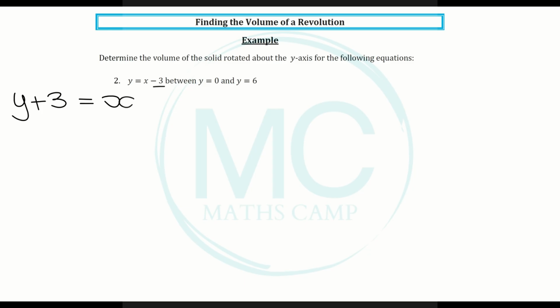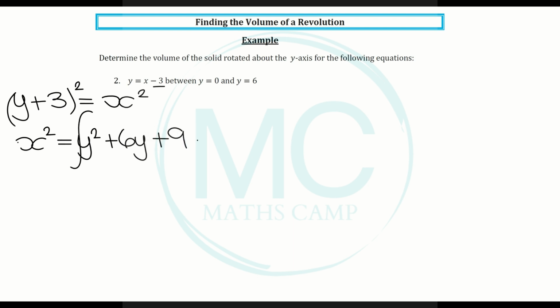We need x squared, so we can square one side, which means we can create a bracket and square the other. Because we have a bracket squared, let's expand. So we're going to have x squared is equal to y squared plus 6y plus 9.